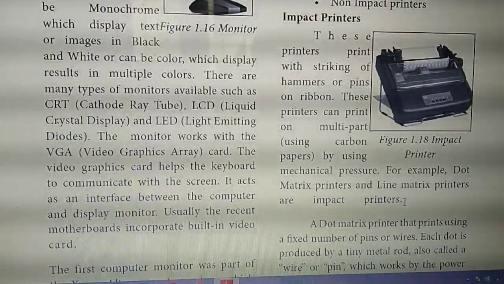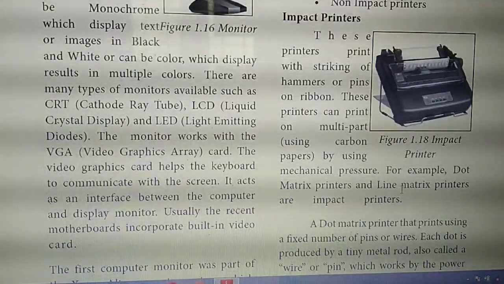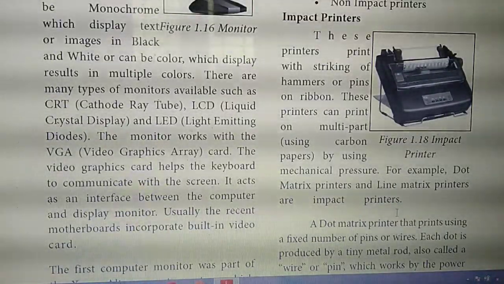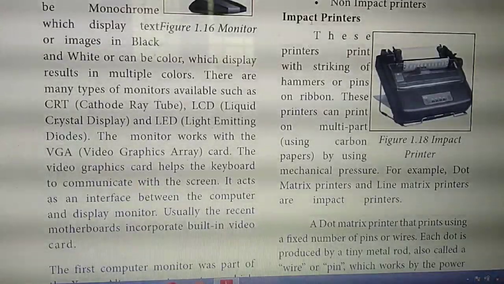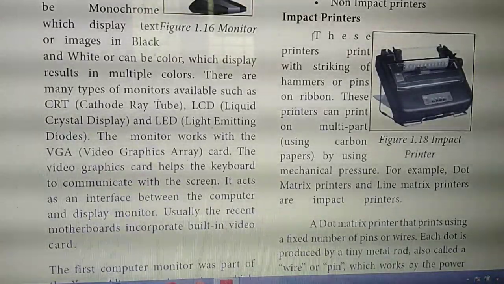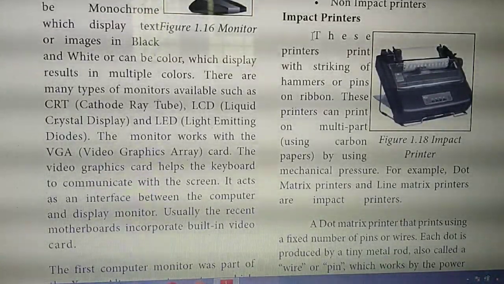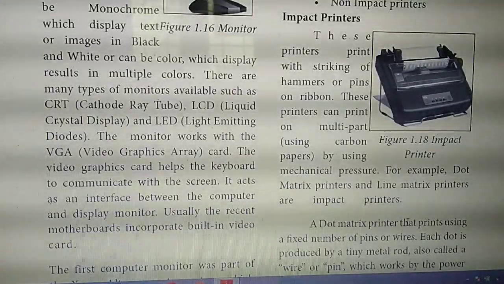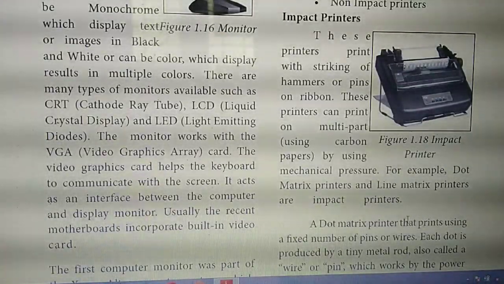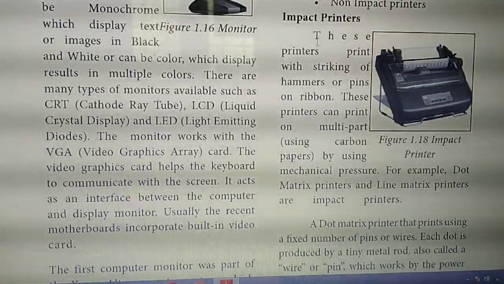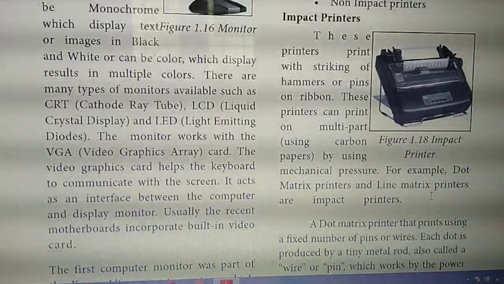For example, dot matrix printers and line printers are impact printers. Starting from this printers, print striking of hammers, from here to here, till impact printers. Have you all marked? This is a sixth question. Sixth question, okay? From here, impact printers, from here to here.